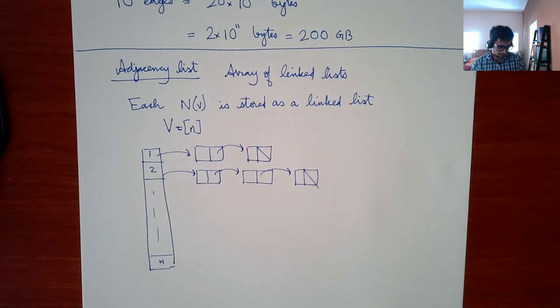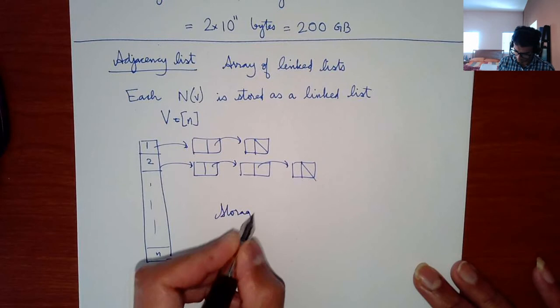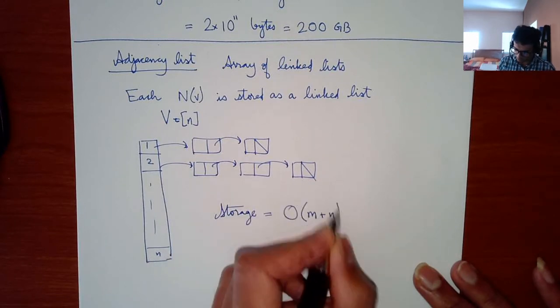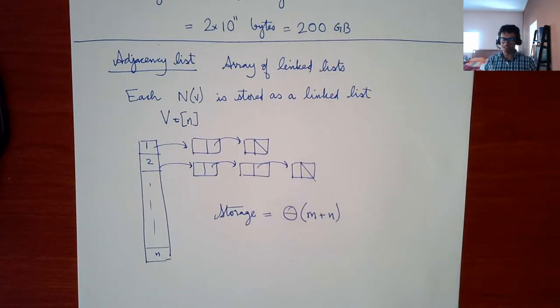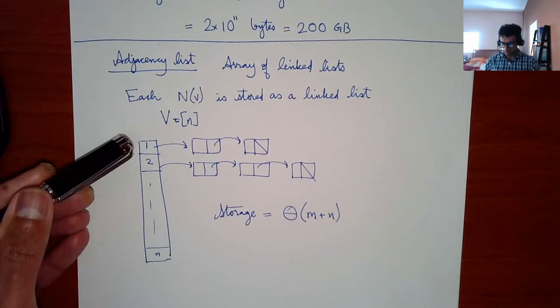Now the storage here is really theta of m plus n. And the reason you have a plus over there is exactly the same argument we used for chaining: you need to store a head pointer for each of these.